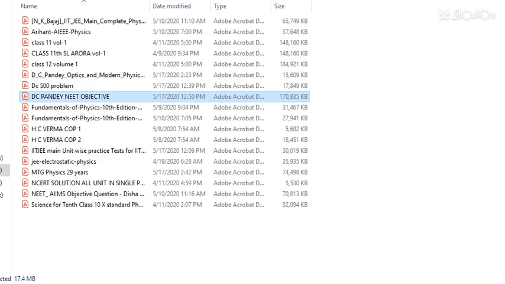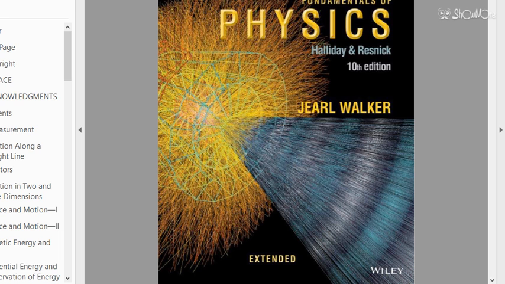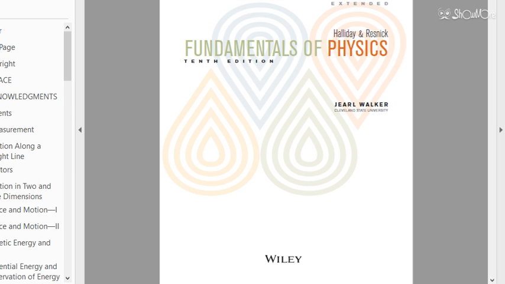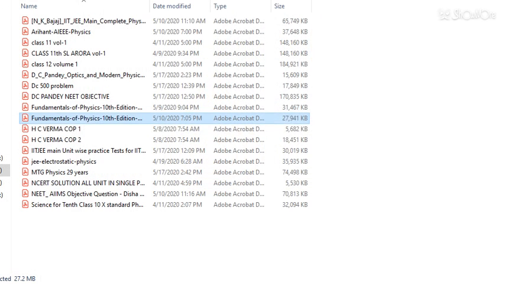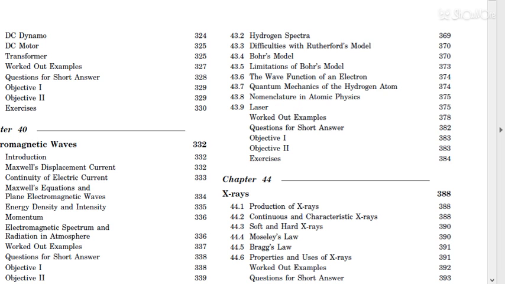Then DC Pandey NEET Objective and Fundamentals of Physics 10th edition, so these are two books. So the H.C. Verma book, Concept of Physics, is also available with us, and you can check that book also.